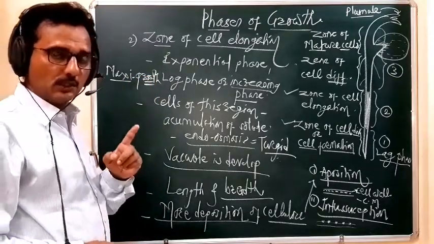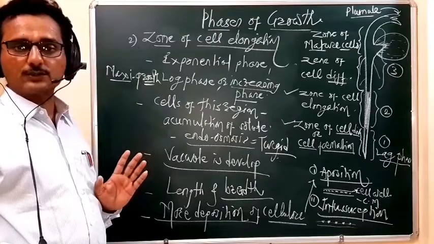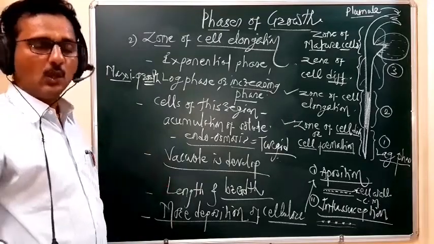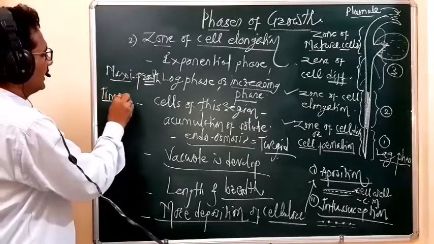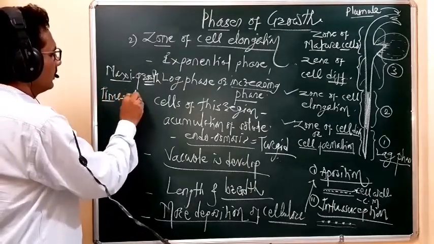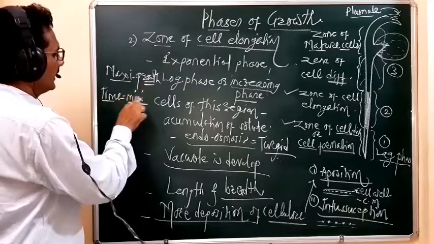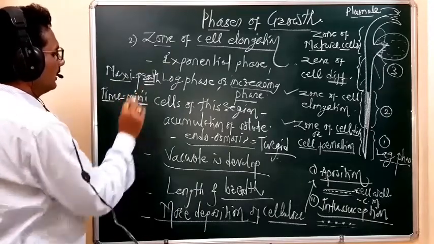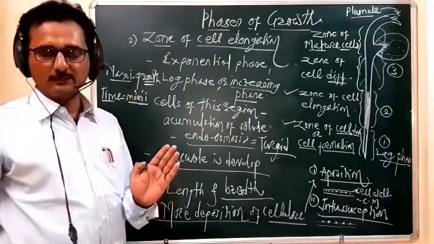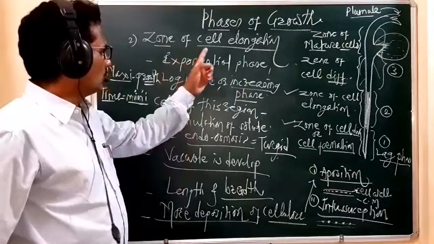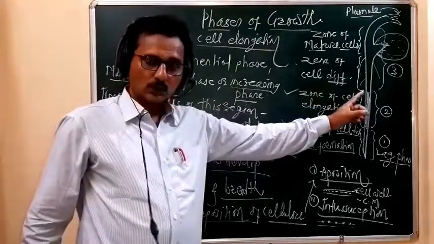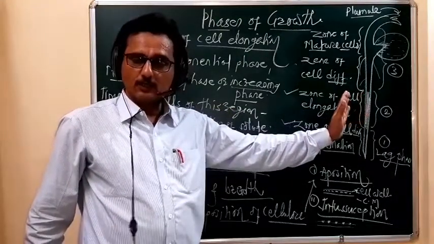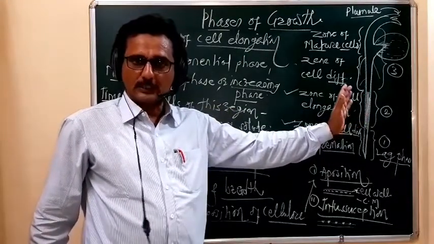But remember, student, the time requirement for such growth is very low, the minimum time requirement. So always remember, the zone of cell elongation shows the maximum growth because of the cell elongation.